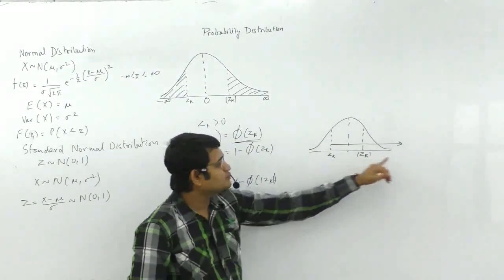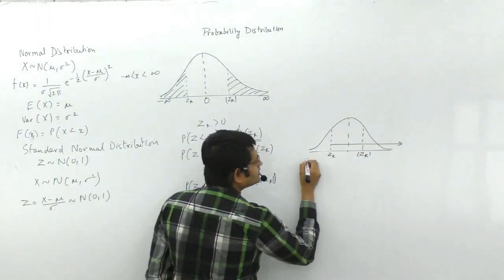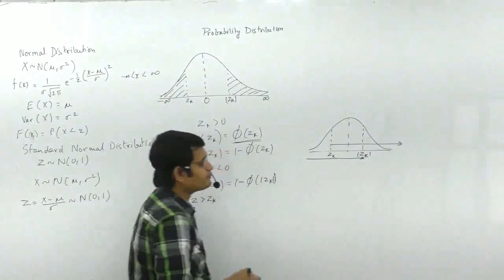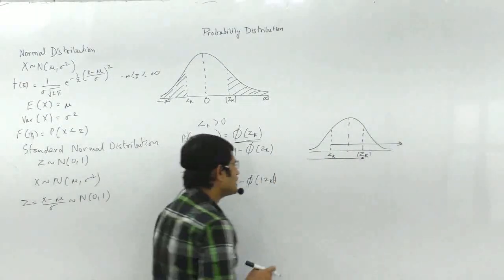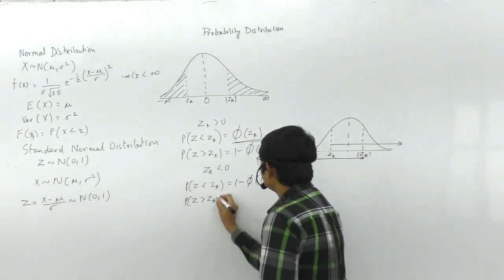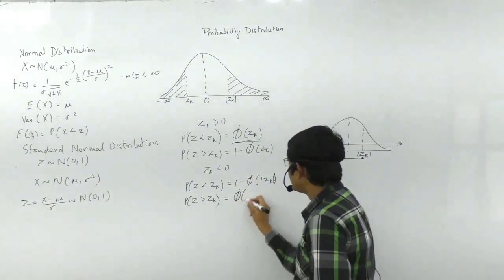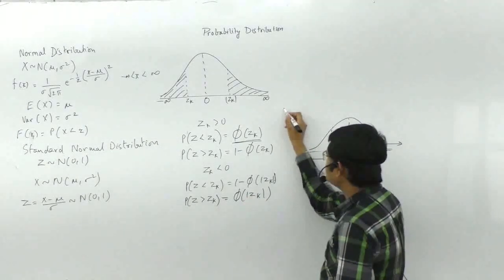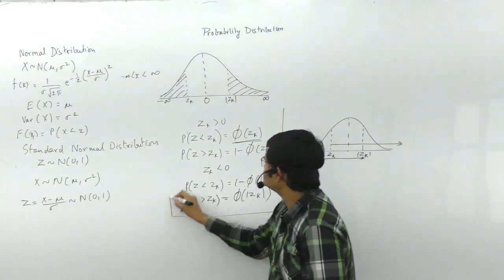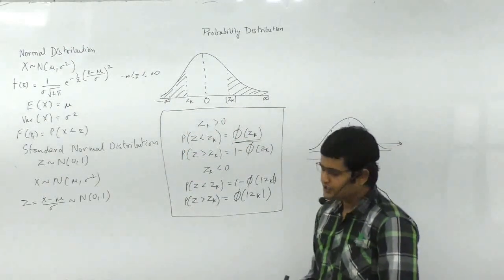Now zk to plus infinity is the same as minus infinity to mod zk, just because the graph is symmetric. So I can say this is the same as phi of mod zk. So basically you can use these relations to find probabilities when we are doing sums.